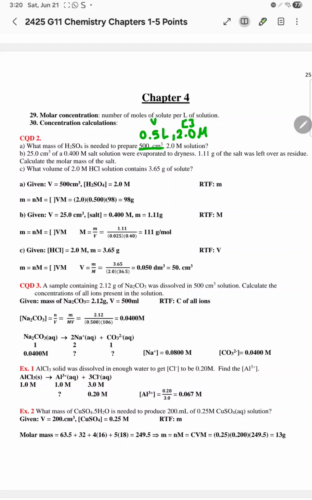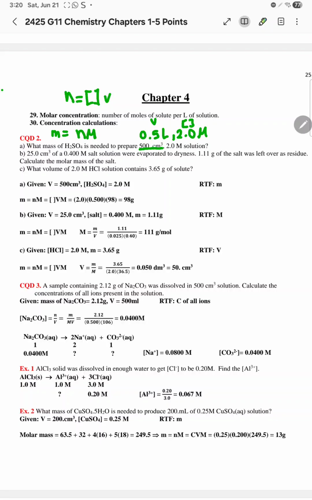So what mass is needed? Now to find the mass, we know that mass equals moles times molar mass. And we know that moles equals CV, or concentration times V.